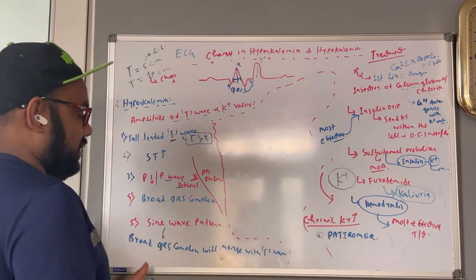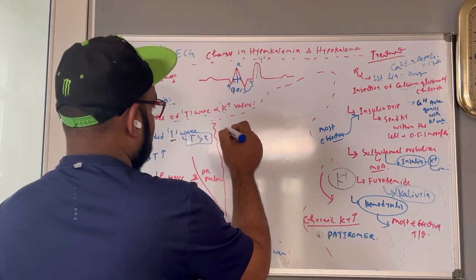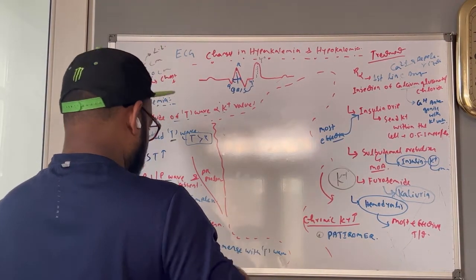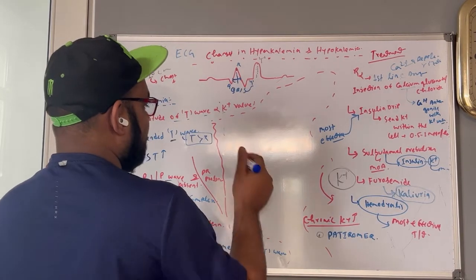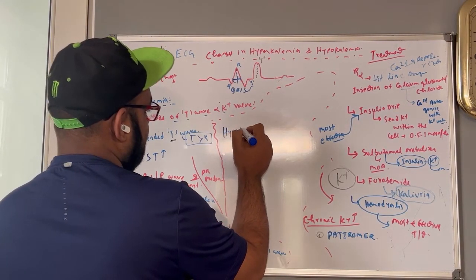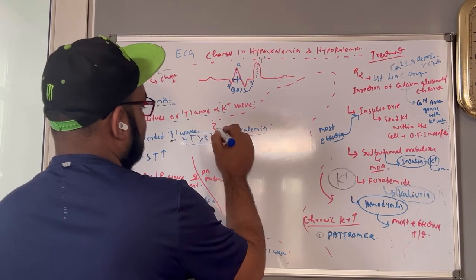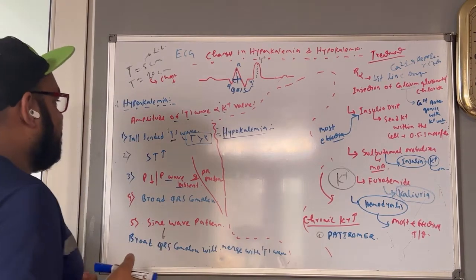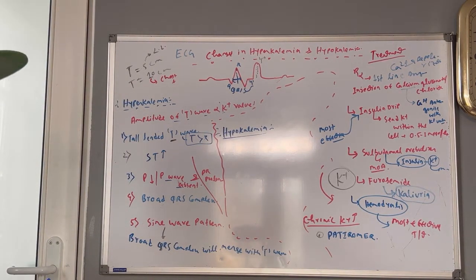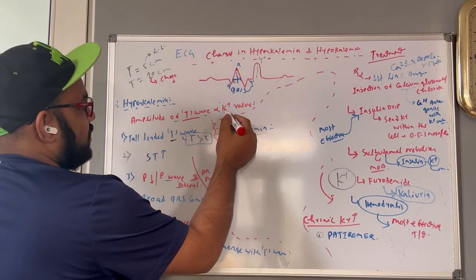Now see, when we are talking in terms of hypokalemia, it means the value will be less than 3.3 milliequivalent per liter. As I said, at first I already explained that the amplitude of the T wave is directly proportional to the potassium values.